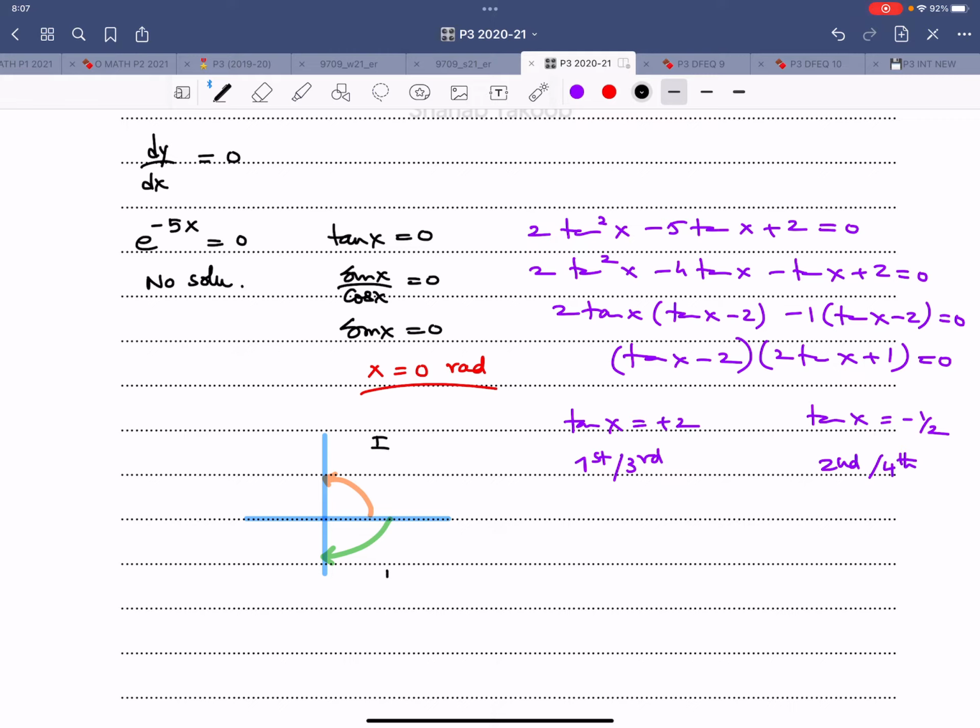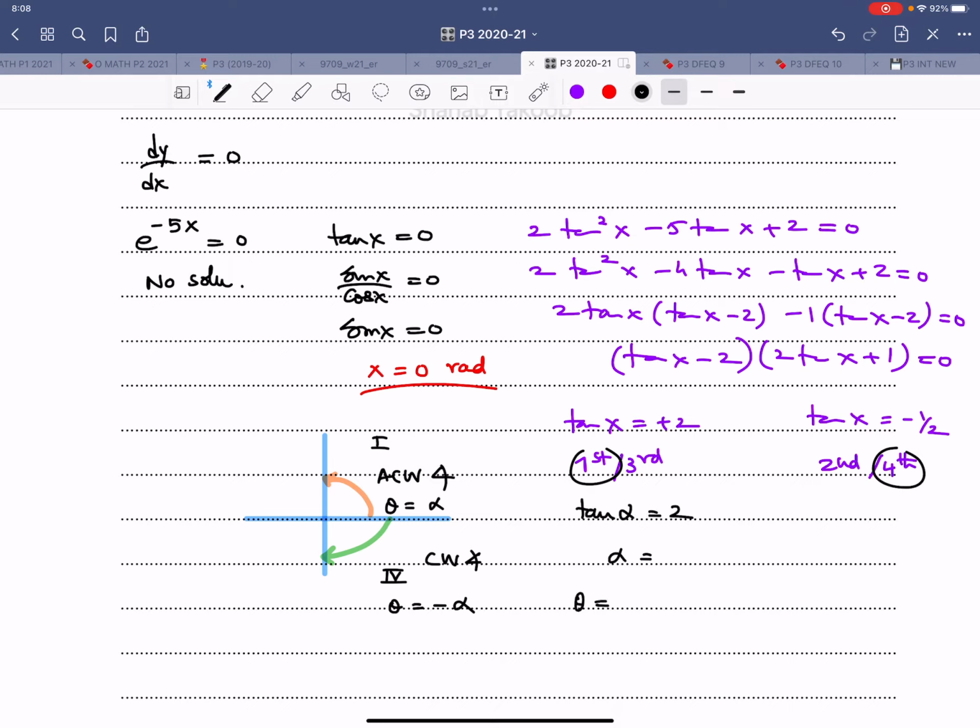First quadrant would be an anti-clockwise angle, fourth quadrant would be a clockwise angle. Got the idea? So in the first quadrant theta is alpha, in the fourth quadrant theta is minus alpha, just like complex numbers. So tangent of alpha is 2, alpha is something. Therefore theta equals this alpha.